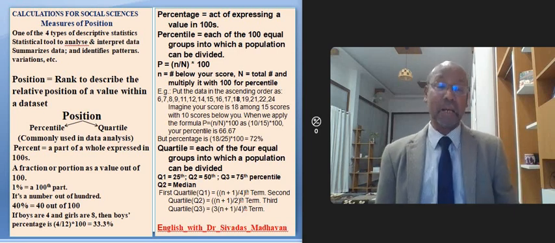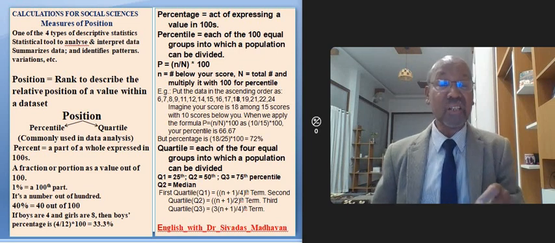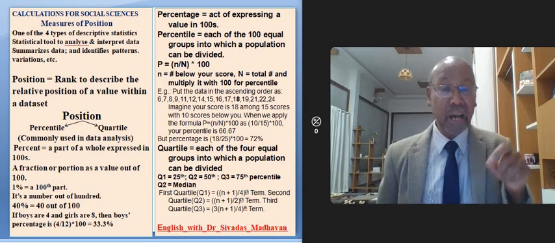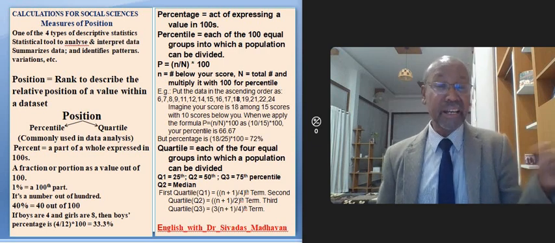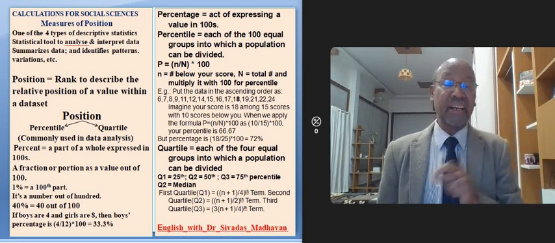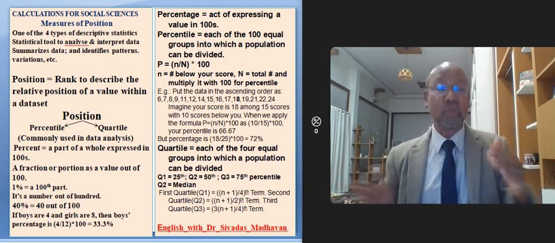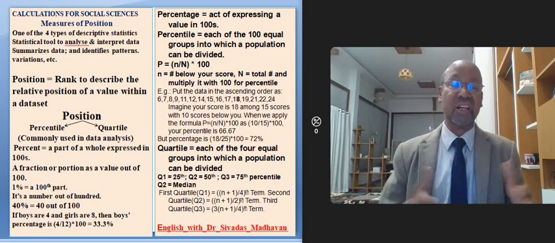Percentage is like that. But percentile is slightly different. I told you P equals lowercase n divided by uppercase N times 100. Times 100 is to relate it with the percentage. So here lowercase n, let us say 10 students, 10 scores are below you. The students who got 6, 7, etc.